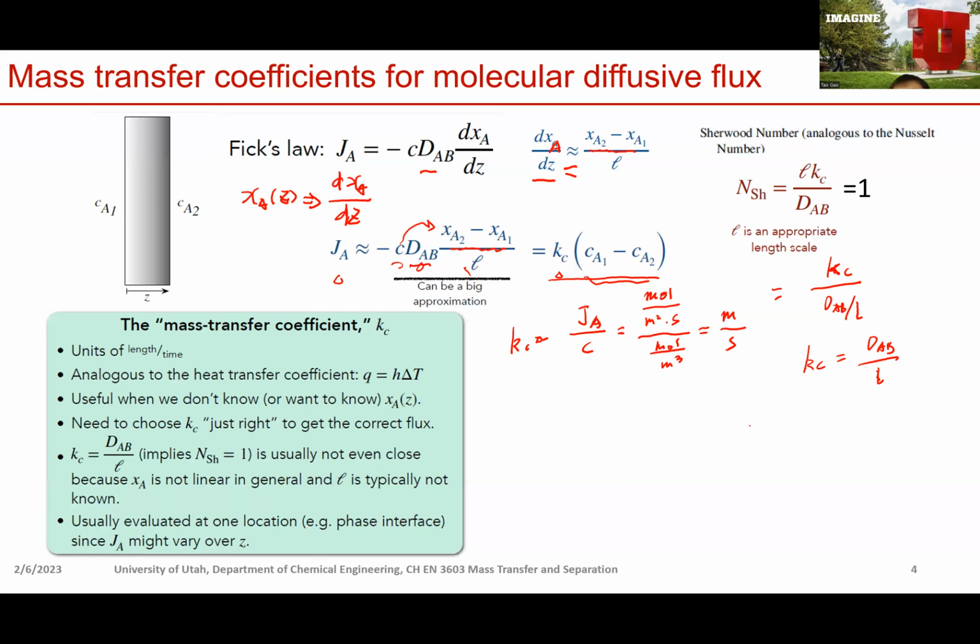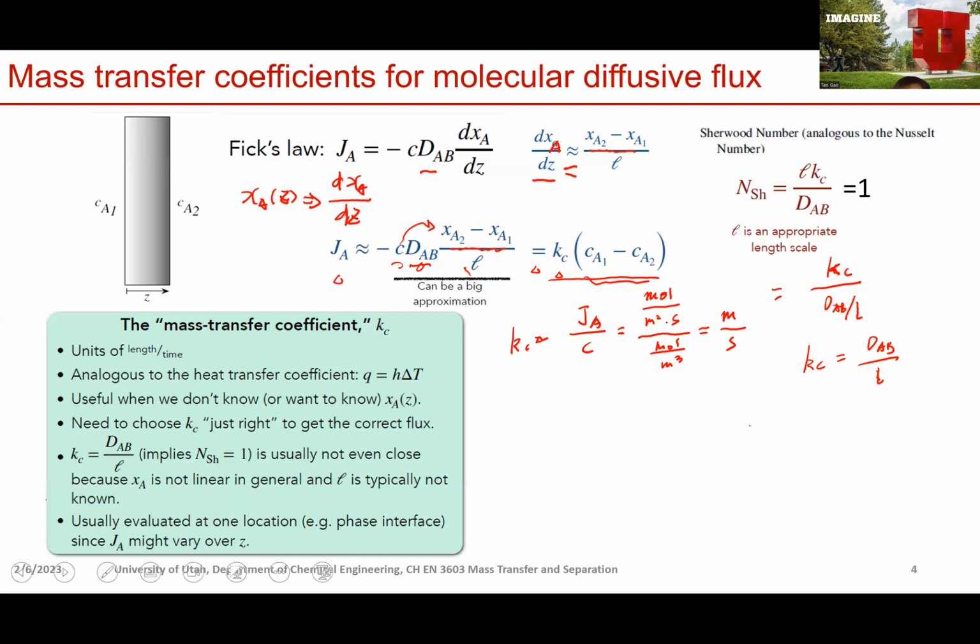Okay, so in this case, we made the assumption that the Sherwood number is 1, so we can just draw an equal sign here. But in reality, the Sherwood number equaling 1 is very rarely satisfied.